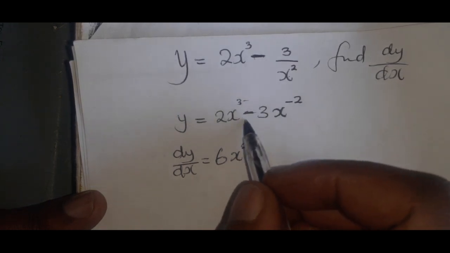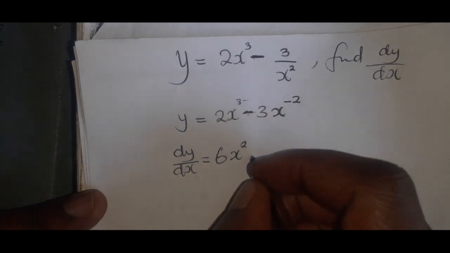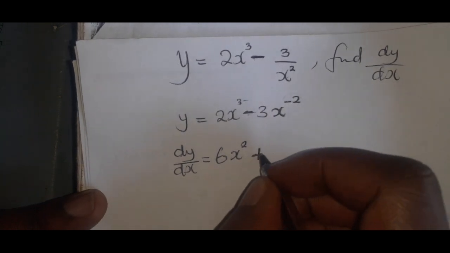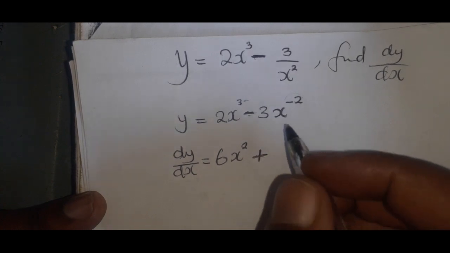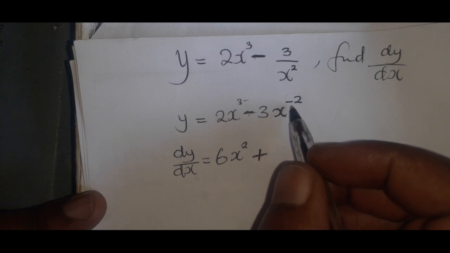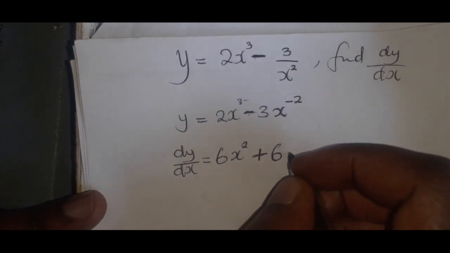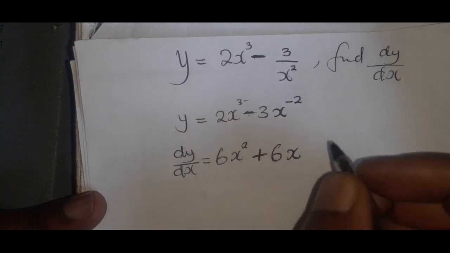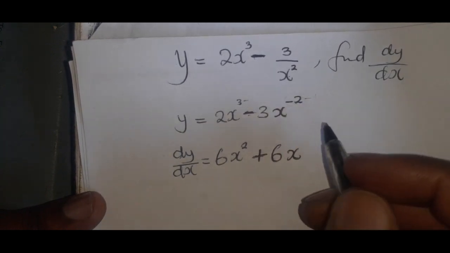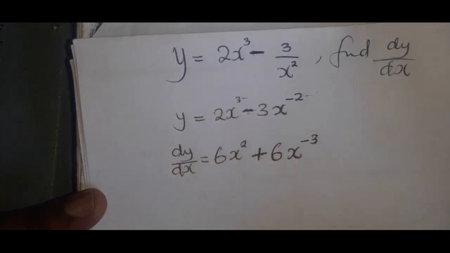Then here we have a negative. So when we multiply this negative by this negative here, we're going to have a plus. Then 2 multiplied by 3 will be 6x. Now take note here, if you subtract 1, it's going to be negative 3.